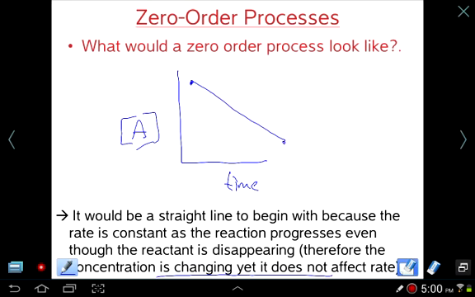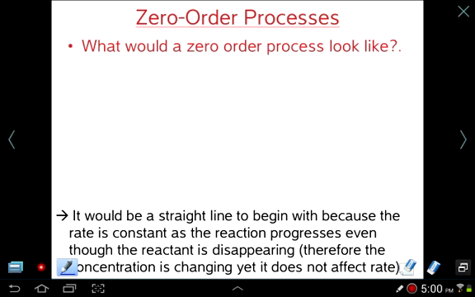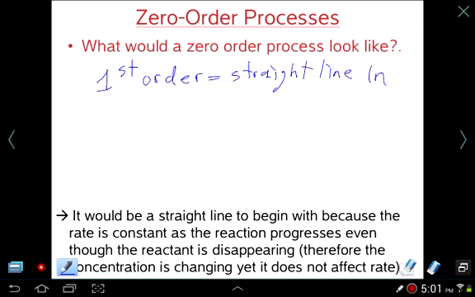So real quick to summarize, a first order process gives you a straight line when you take the natural log of your concentration.